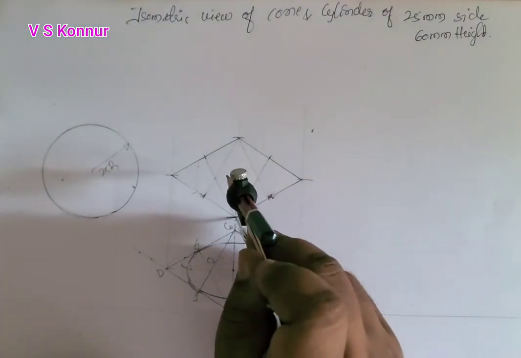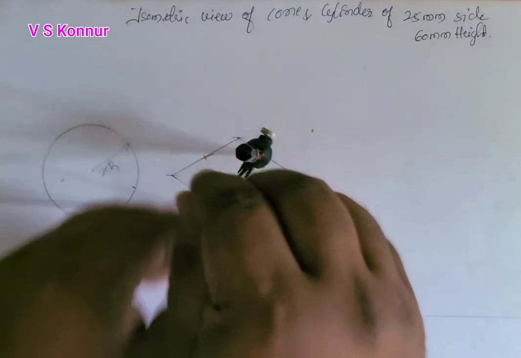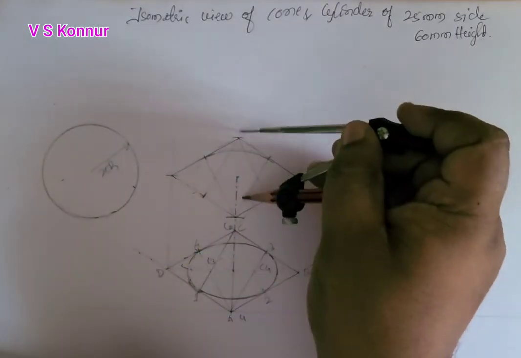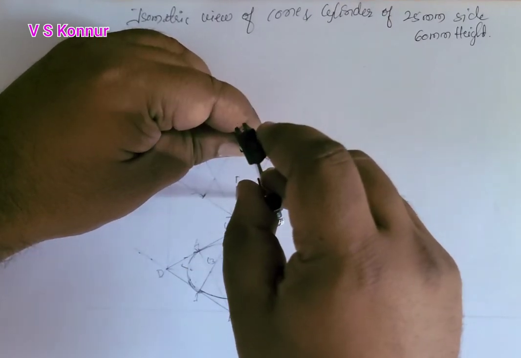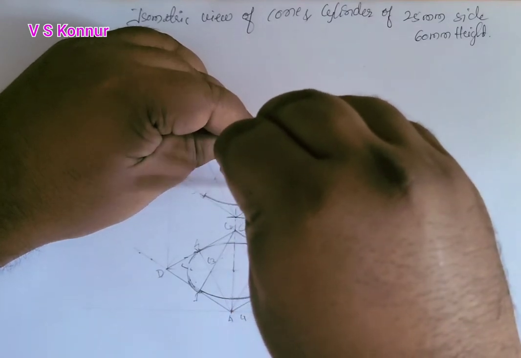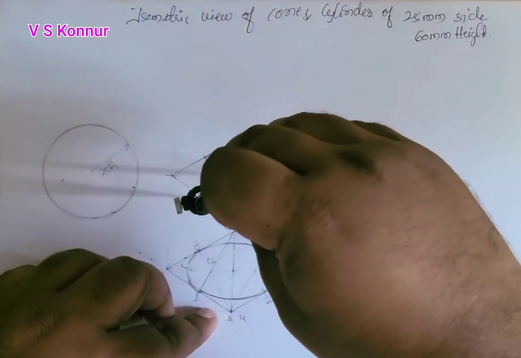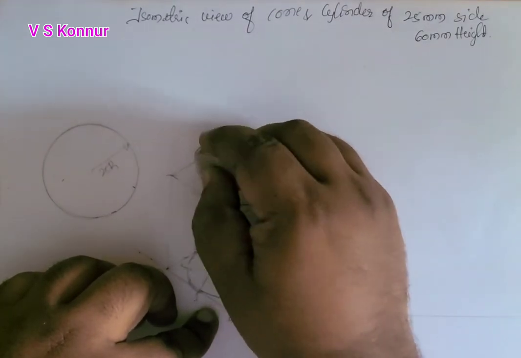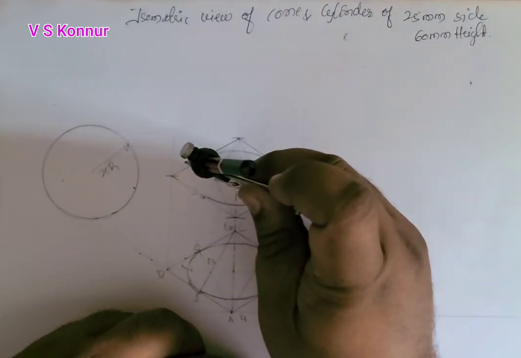We'll take the opposite sides first. Then this distance from this center we have to draw.